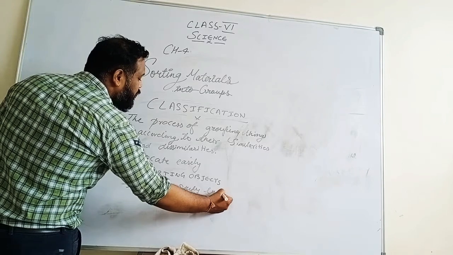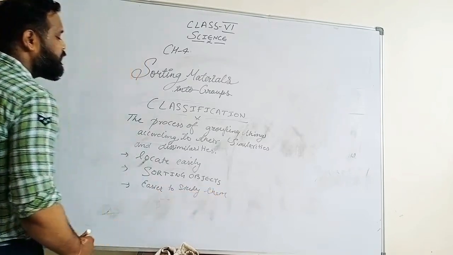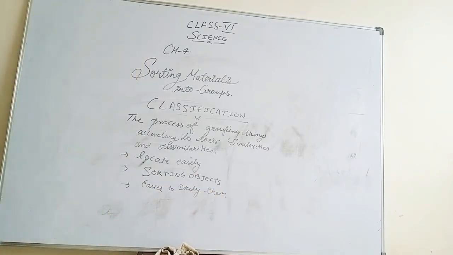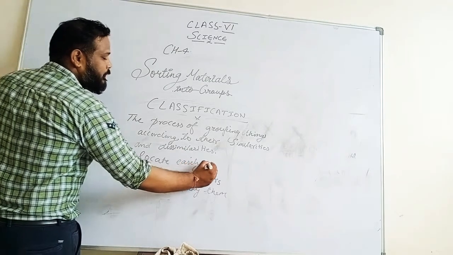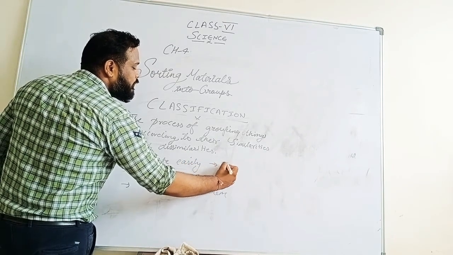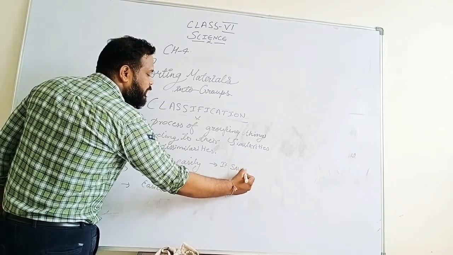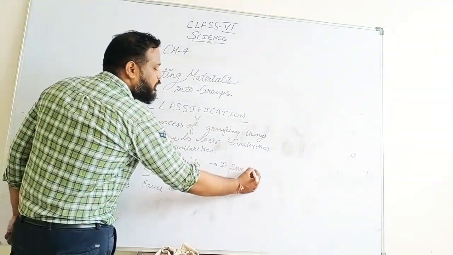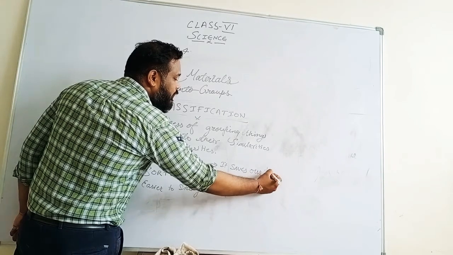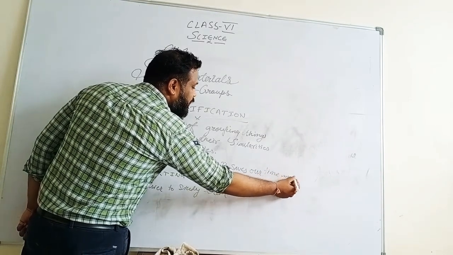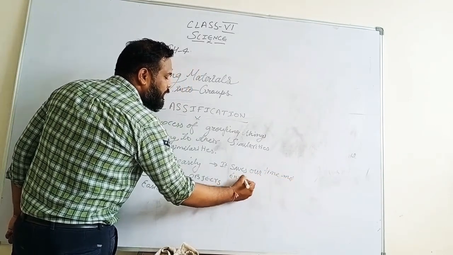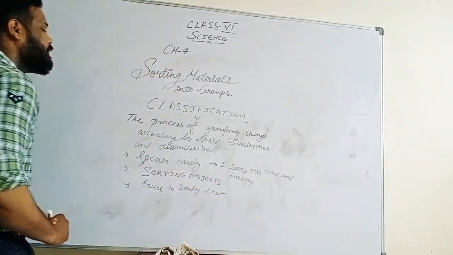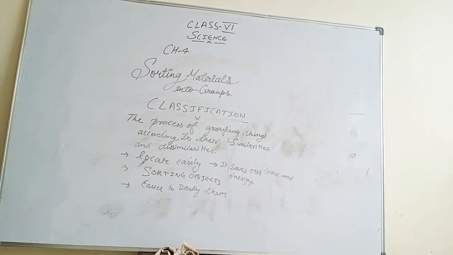Yes, already classified things are easy to study. As you can see, your chapters and your subject books are classified also. Now locating easily means it saves time and our energy. So classification is a very helpful phenomenon.